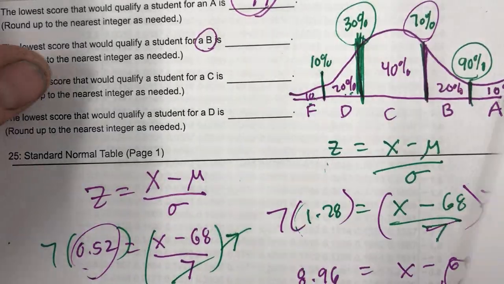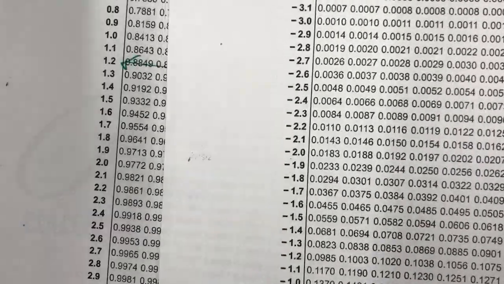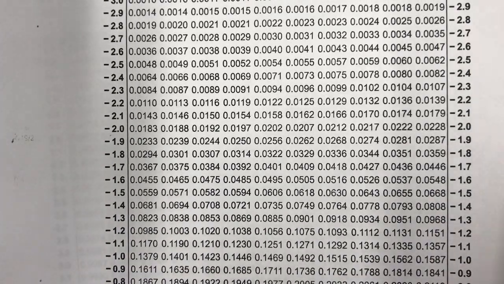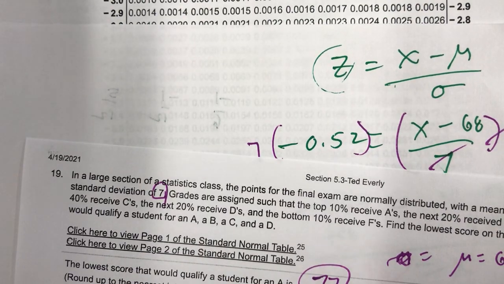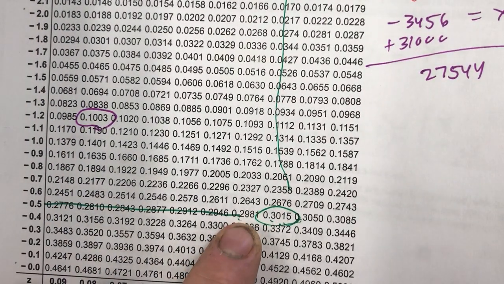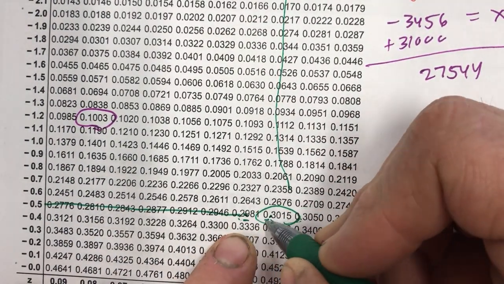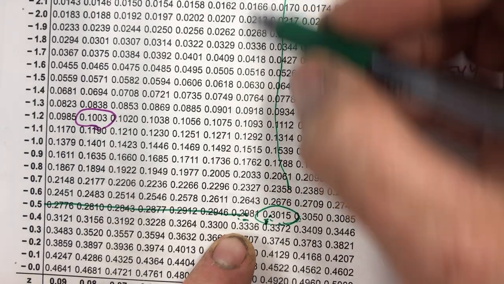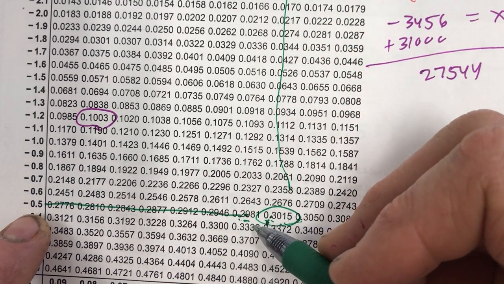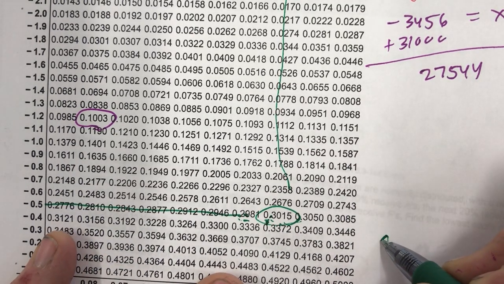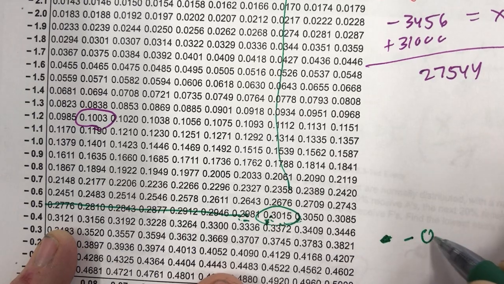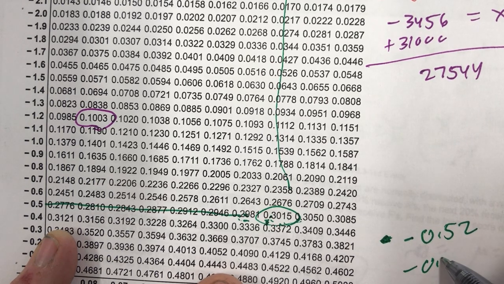So let's see here. The lowest we can make to get a C, well, it says 65. I might have rounded wrong. Well, I will tell you this. When I got my Z score, let me go back to my Z score here. It's really between these two, negative 0.52 and negative 0.53.